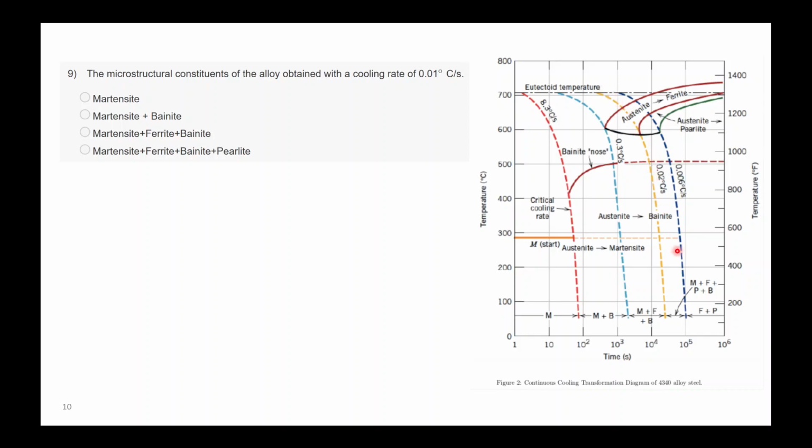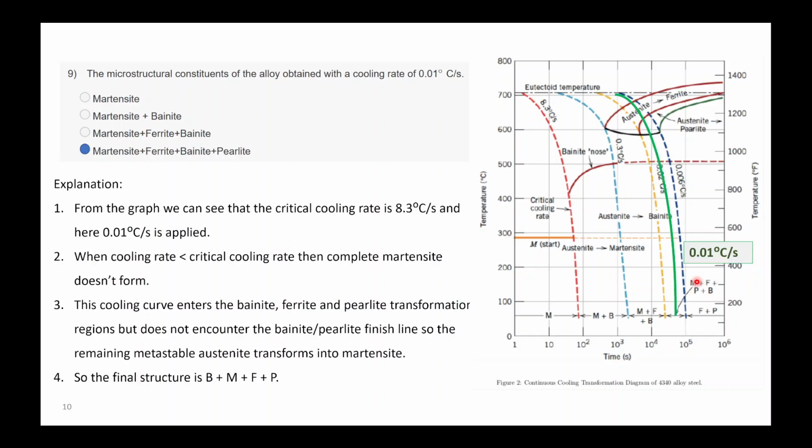All these three regions, along with there will be martensite forming. So all four phases will be forming in this case. So all these four structures will be forming at 0.001 degree Celsius per second.